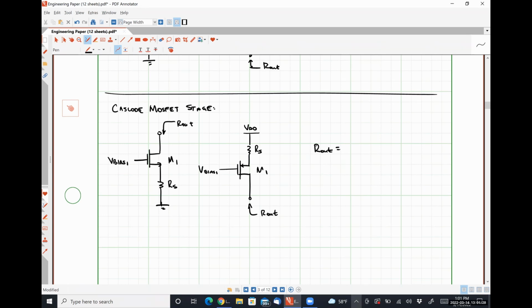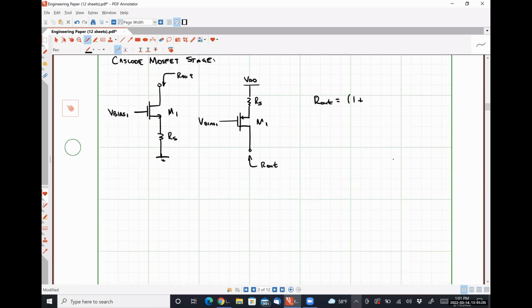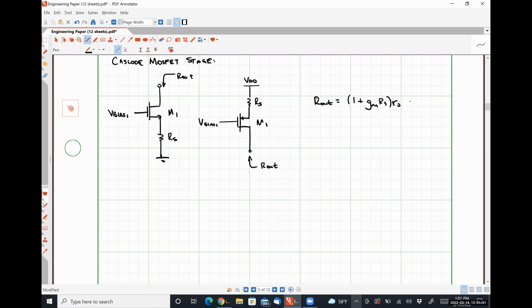My output resistance is given by 1 plus gm RS times R naught plus RS, which is the same thing as 1 plus gm R naught times RS plus R naught.